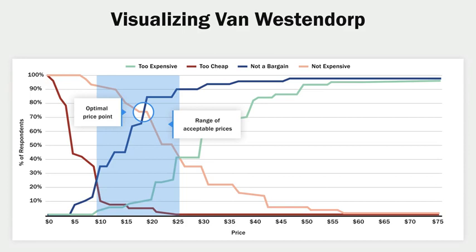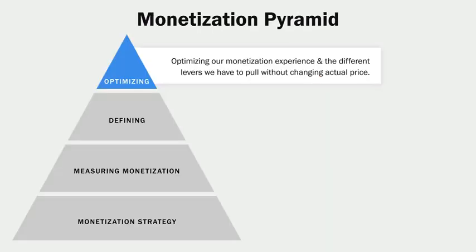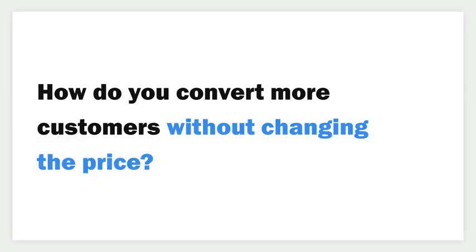So in this last level of the monetization pyramid, we want to talk about how we optimize our monetization experience and what the different levers are that we have to pull without actually changing the price. So the key question here is really, how do we convert more customers without changing the actual price? Because obviously we could convert more customers just by lowering the price or offering discounts in a very simple manner.